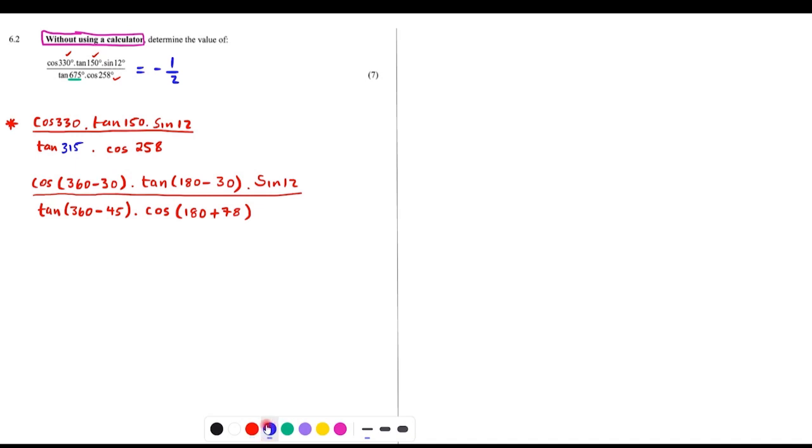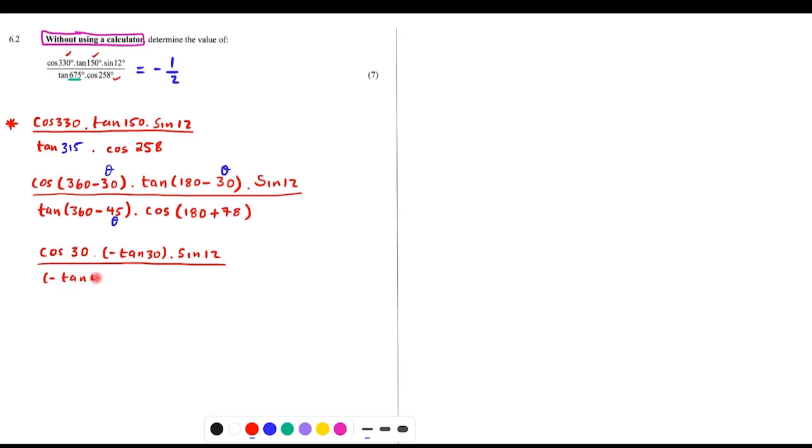Now the reduction goes like this: 360 minus theta is in the fourth quadrant, and cos theta is positive there, so this means you're going to have cos 30. Now 180 minus theta is in the second quadrant, where tan is negative, so you're going to have negative tan 30 times sine 12, over 360 minus theta, again in the fourth quadrant, but tan is negative there, so you're going to have negative tan 45.